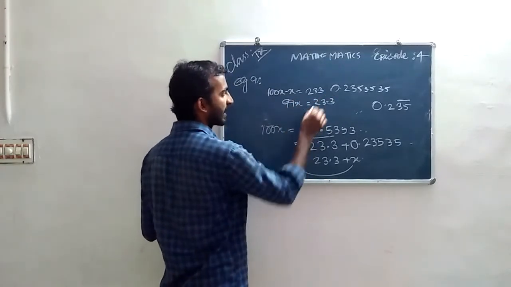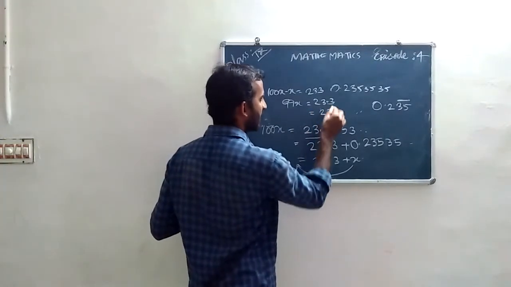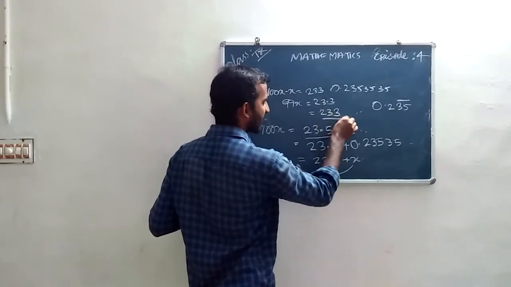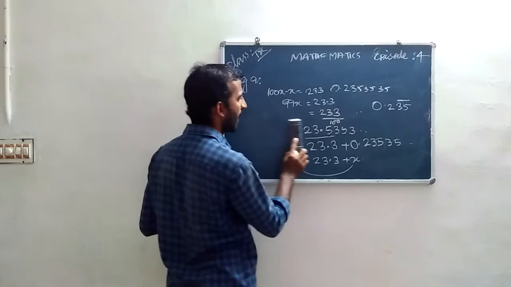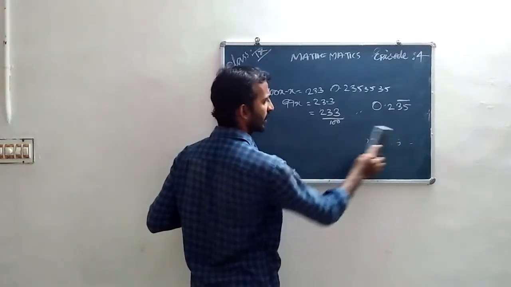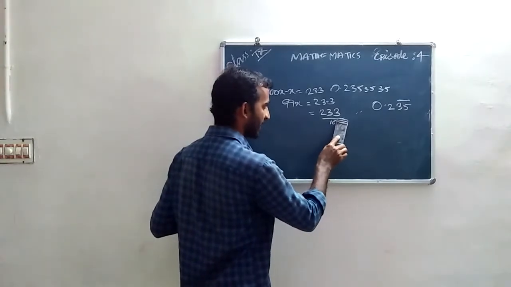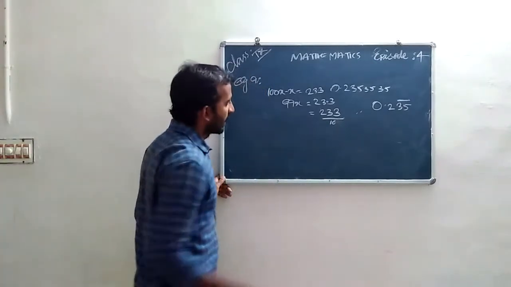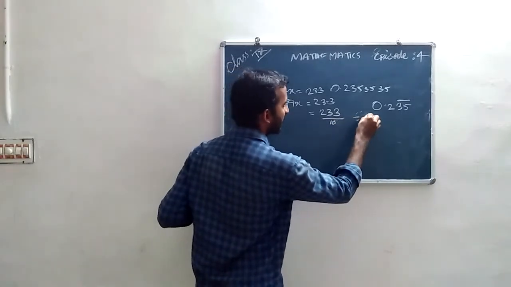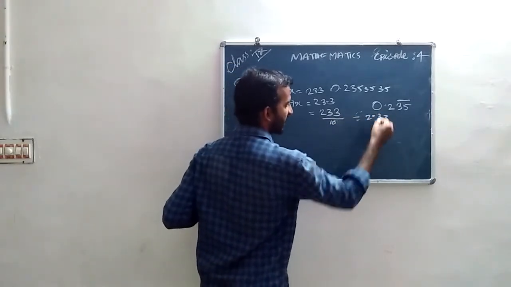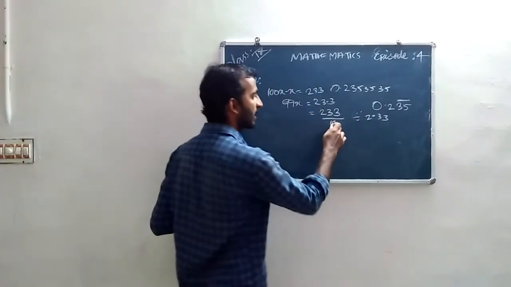Here 23.3 we can write as 233 by 10, not 100. When we take 100, we get 2.33, but here we want 23.3, so we take 10.